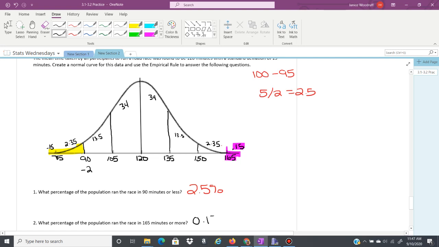Another way we could figure that out is 165 is 3 standard deviations from the mean. Okay, so if we visualize that, all right, you've got 1, 2, 3 standard deviations from the mean, 3 on this side. We know that that's 99.7.